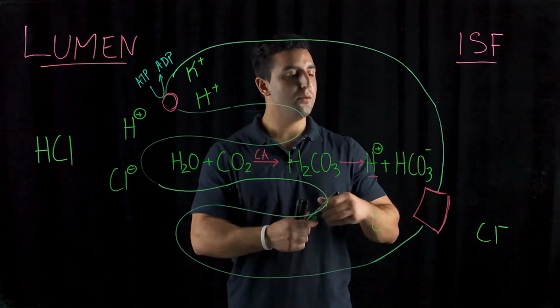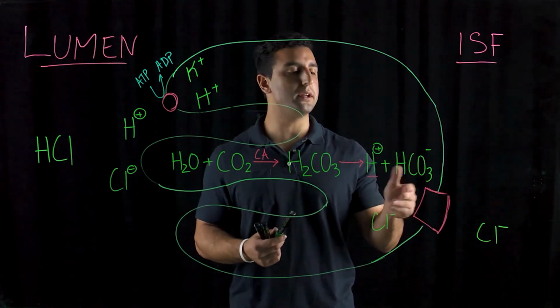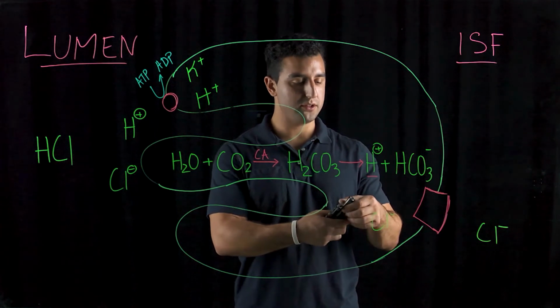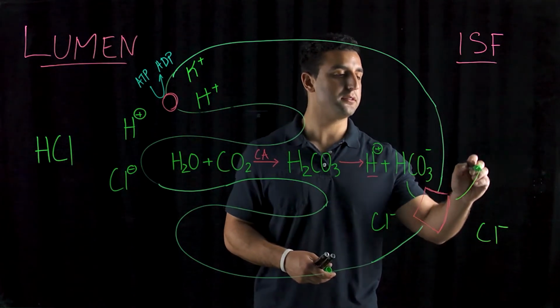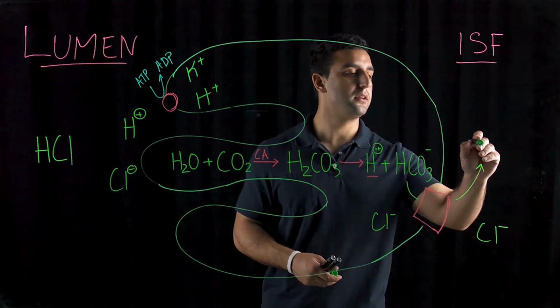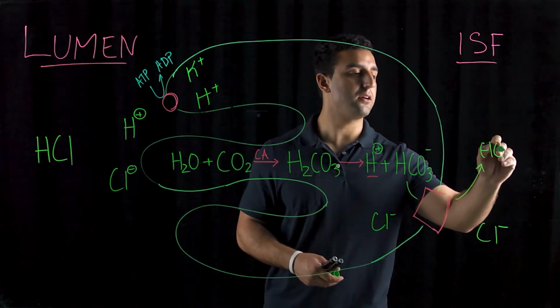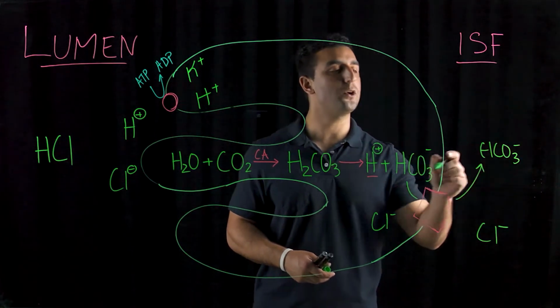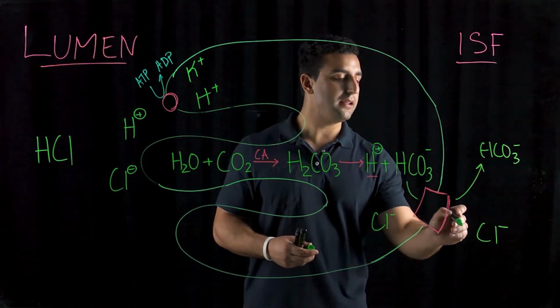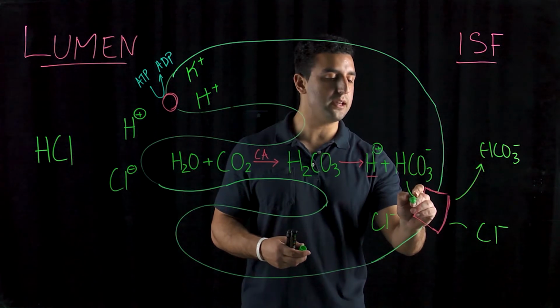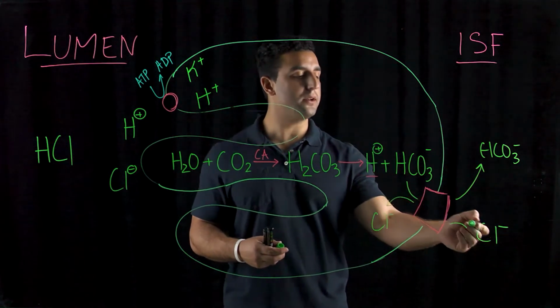So how does it do it? Well, there are these bicarbonate chlorine exchange channels where bicarbonate goes out into the interstitial fluid. So now you have this bicarbonate outside, which eventually permeates into the blood, creating this alkaline wave. And then to maintain the homeostatic electrostatic balance, chlorine comes in.